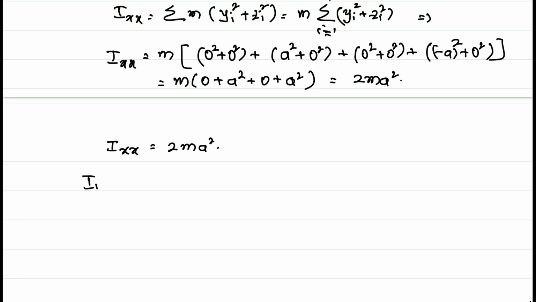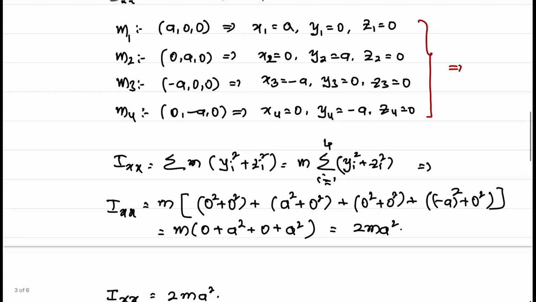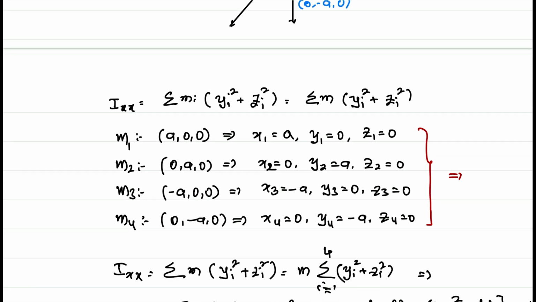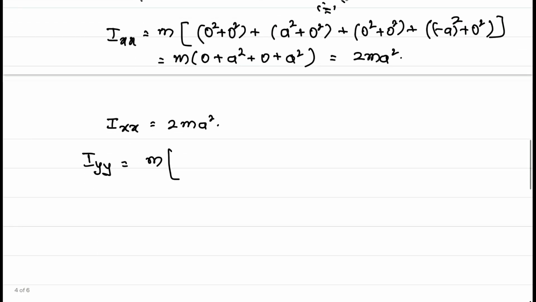Then similarly, what is Iyy? Iyy is sigma mi (xi square plus zi square).